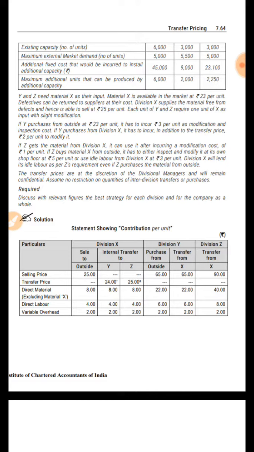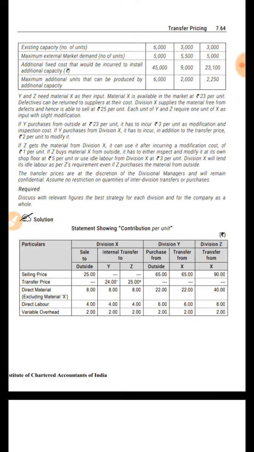Then also the cost will be 23 material cost plus 3 rupees modification, so it's coming to 26. And division X will lend its idle labor as per Z's requirement, even if Z purchases the material from outside.